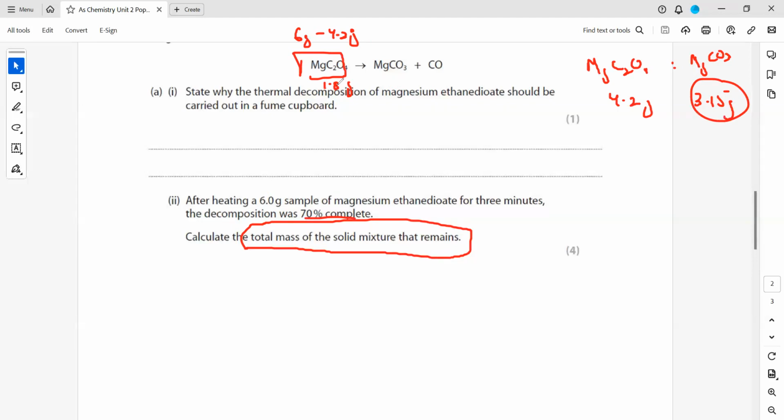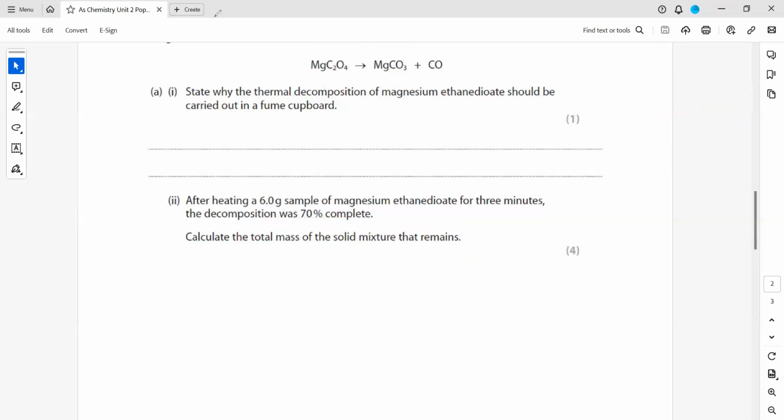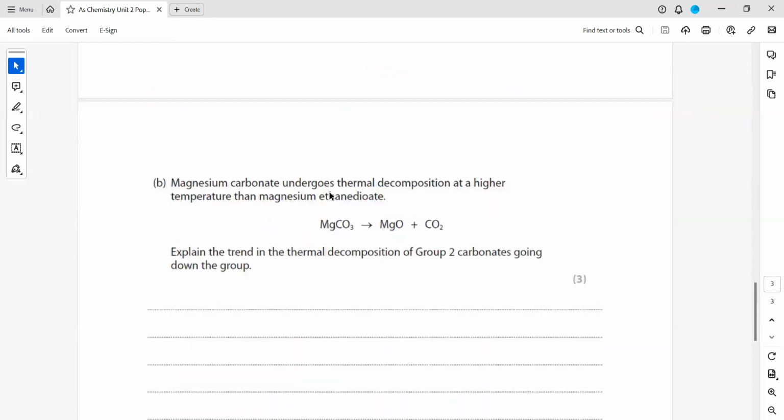So 1.8 is the left reactant, and 3.15 is the formed product, and we need the total mass. That's why we add them. So unreacted reactant and the formed product.